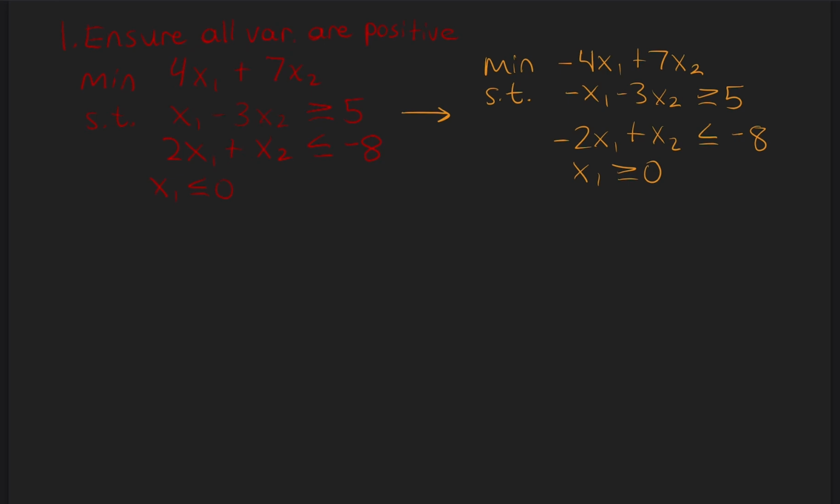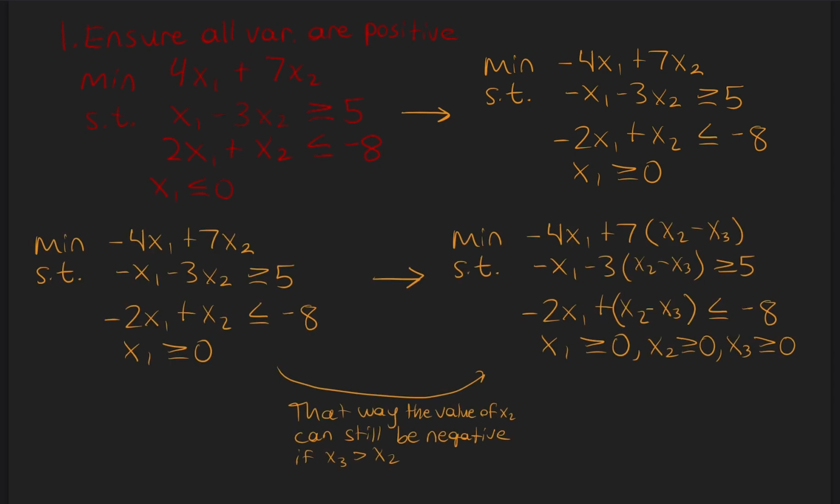But if you notice, we don't have a non-negativity constraint for x2. x2 can still be negative, so we have to make sure that x2 stays positive. How do we do that? Let's see. All right. So basically, instead of having an x2, we substitute x2 with x2 minus x3, and keep in mind that this x2 is different than this x2 now because we are defining it differently.